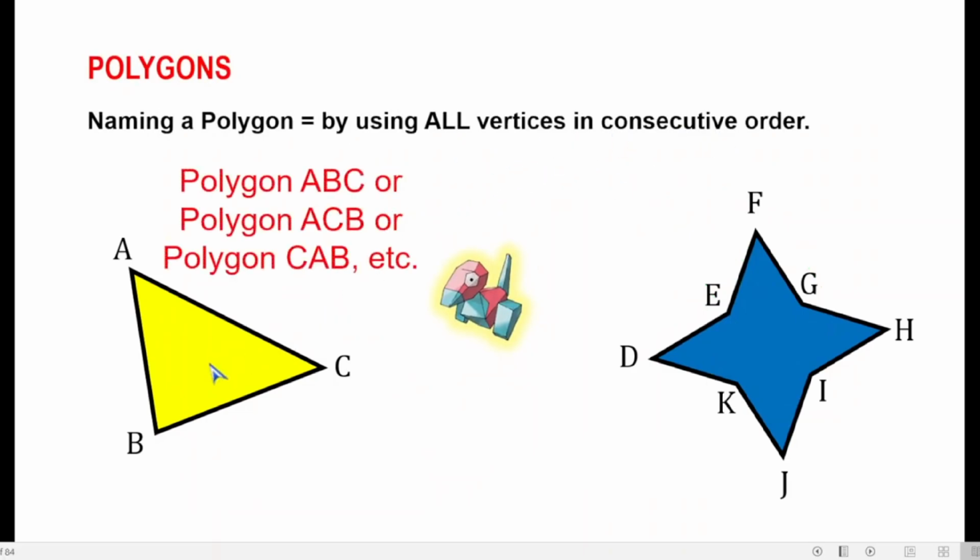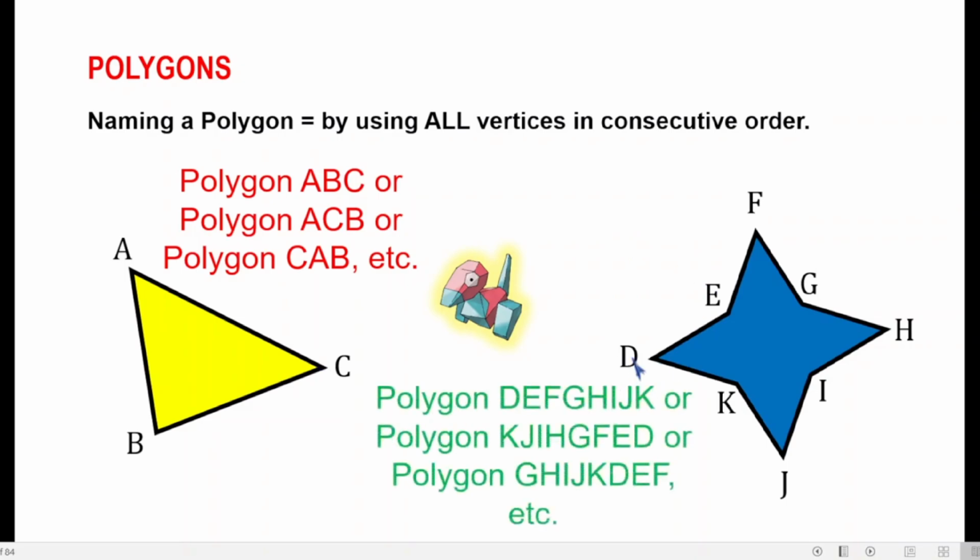For example, for the triangle, you have polygon ABC, ACB, or CAB, as long as it is named with consecutive vertices, all vertices. For the blue, you have D, E, F, G, H, I, J, K. You can also start with K, then J, I, H, and so on. So just pick any vertex and name it consecutively until you use every vertex.